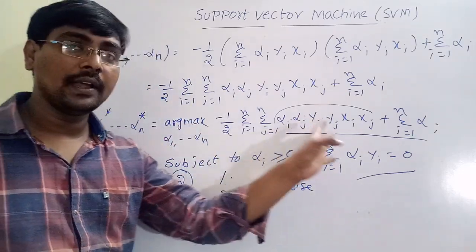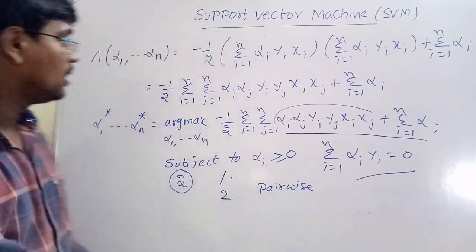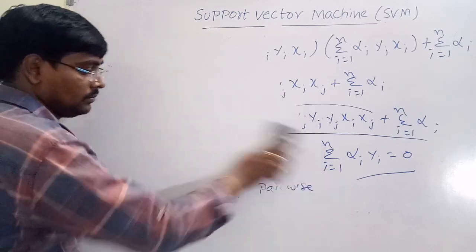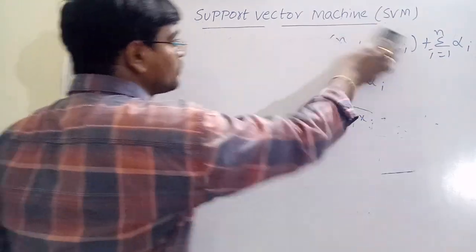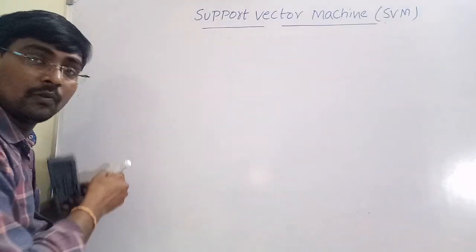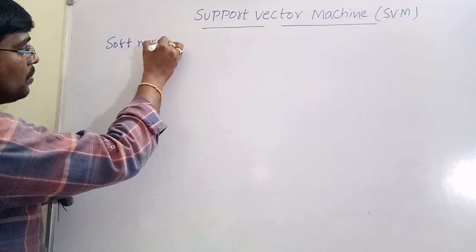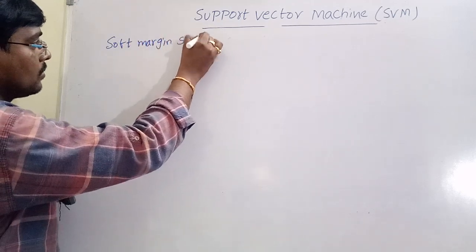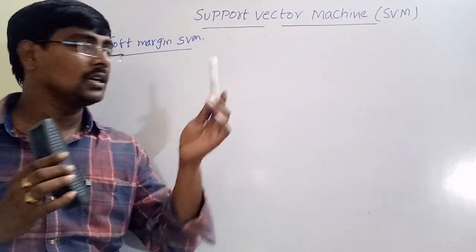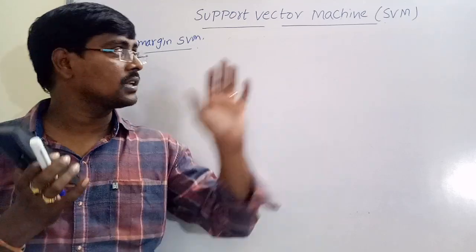Suppose the data is not linearly separable, so we are moving to soft margin SVM. If the data is not linearly separable, the function w into x minus t is not sufficient for separating.